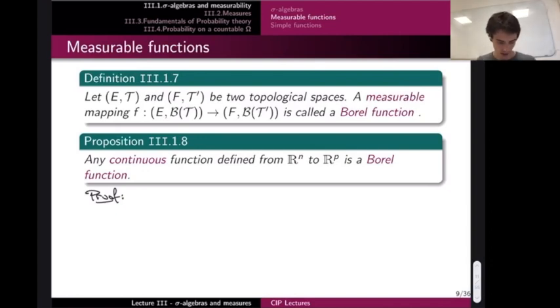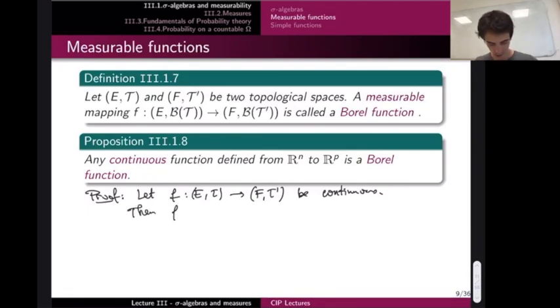But, okay, so let f be defined from E, T to F, T prime, so two topological spaces here, and let's assume that f is continuous. Okay, then that means that f minus 1 of T prime is included in T. So the pre-image of the open sets are open.